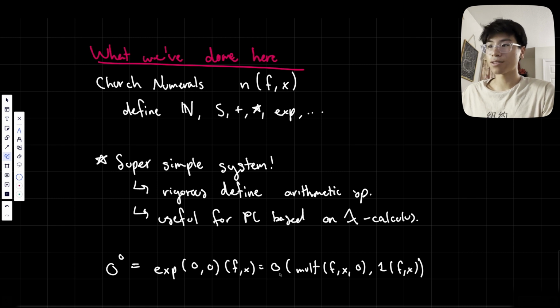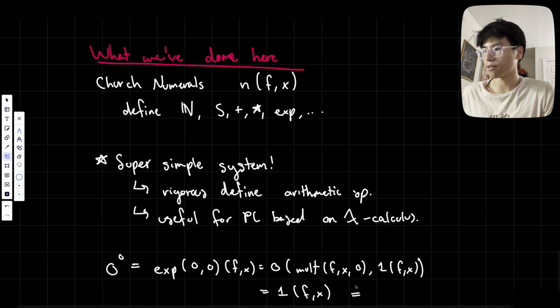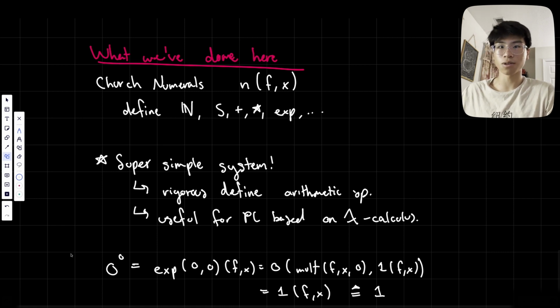Okay, now here's the thing. We could evaluate this function here, but if you notice this 0 on the outside, remember this 0 only returns the x argument. So this would only return 1 f of x, which is just defined as 1. So the answer to the age-old question, 0 to the 0th, is 1.